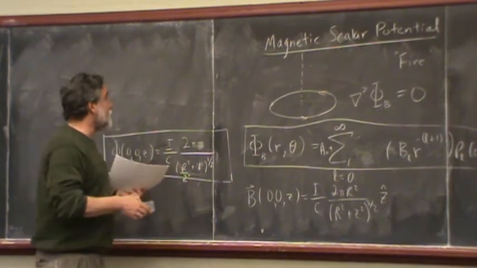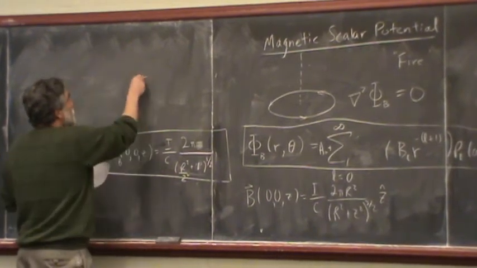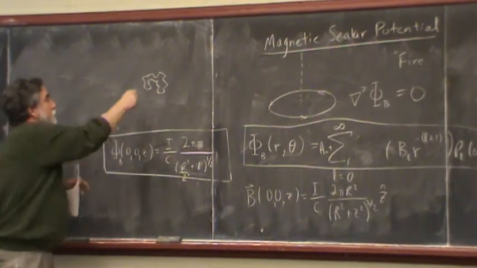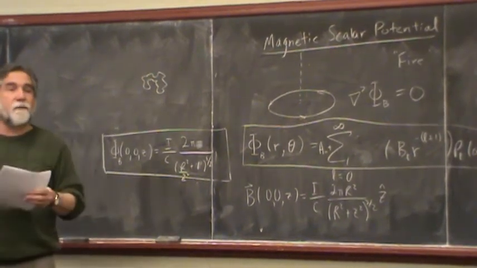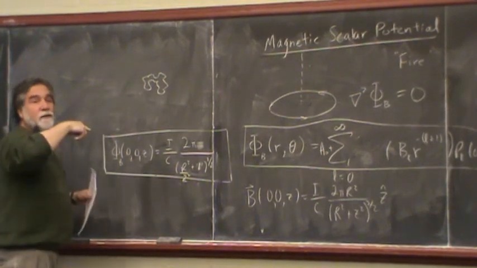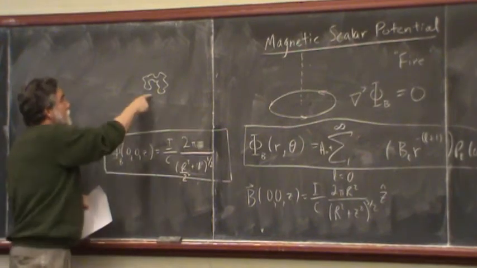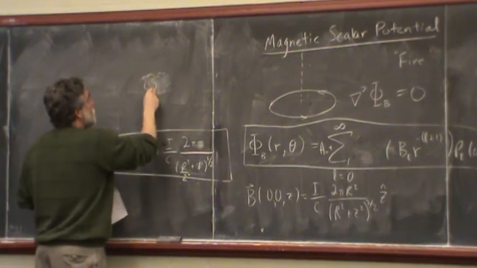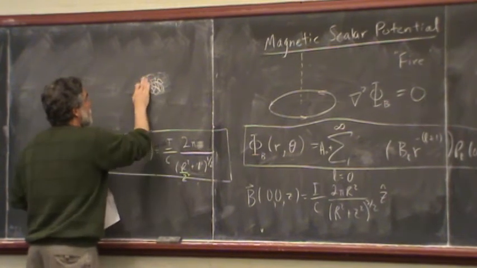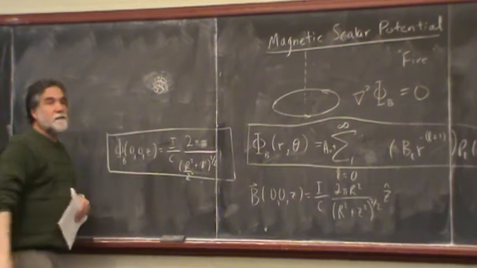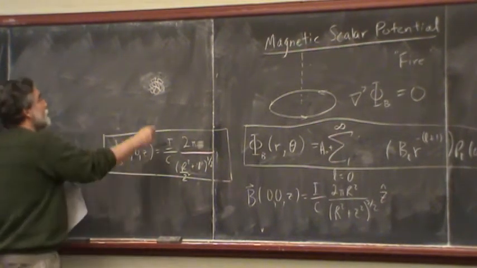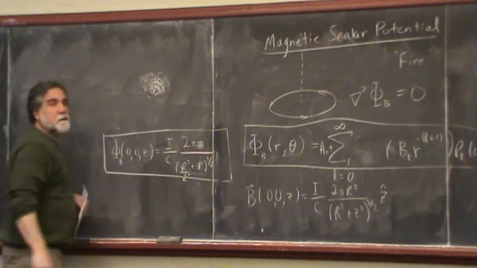For example, if I've got a really weird current distribution over here, right? So I've got now not a ring of wire, but a passel of wire, which is more typical of what you find in the box. When you go to the box, you find something more like that, and somehow it got closed at both ends, and somehow you run current through it, but it's finite.